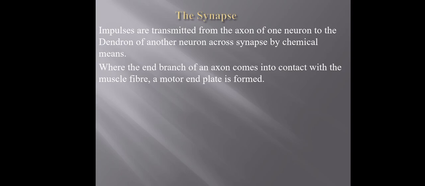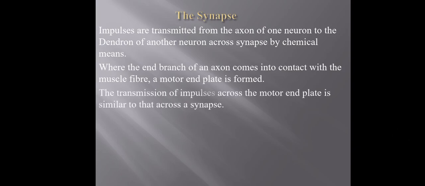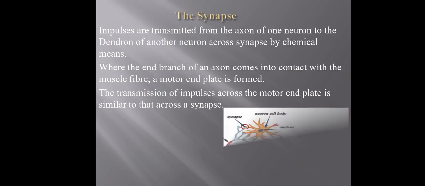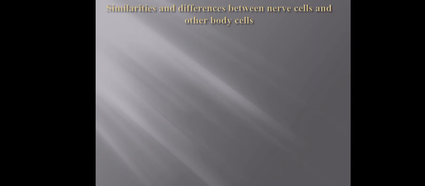A motor end plate is formed when the end branch of an axon comes into contact with a muscle fiber. The transmission of impulses across the motor end plate is usually similar to that across the synapse.